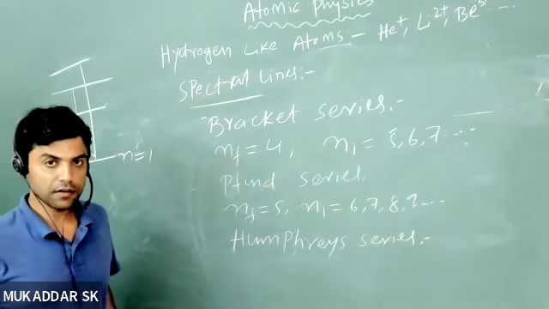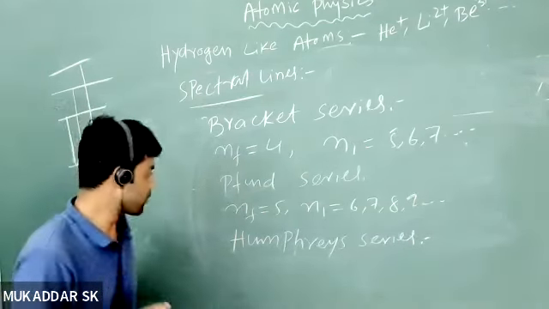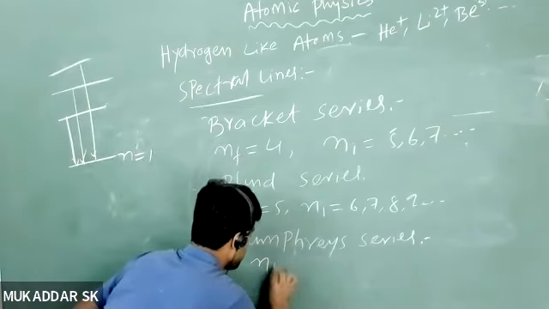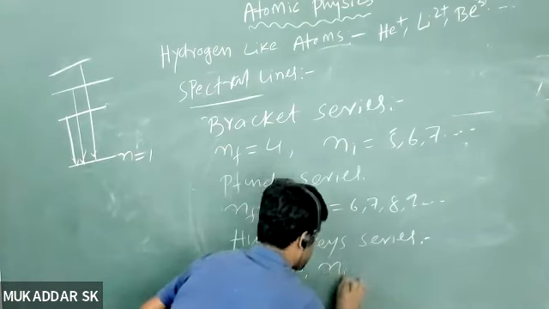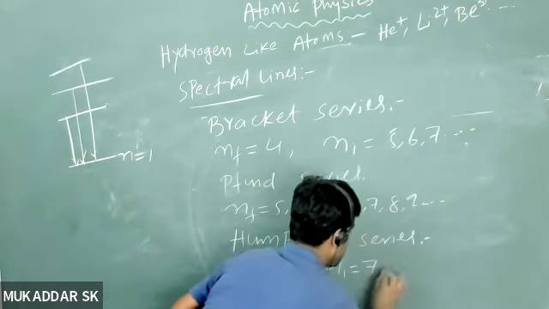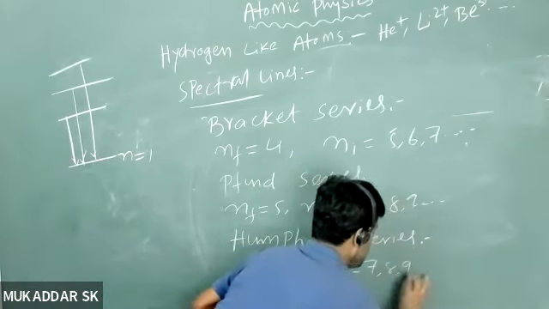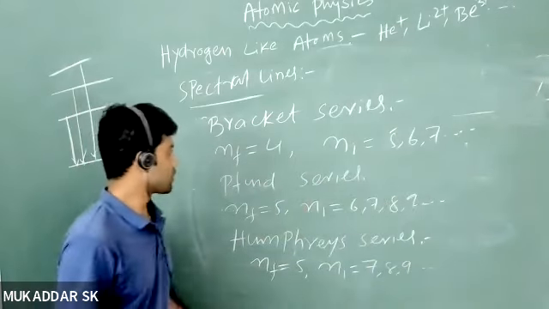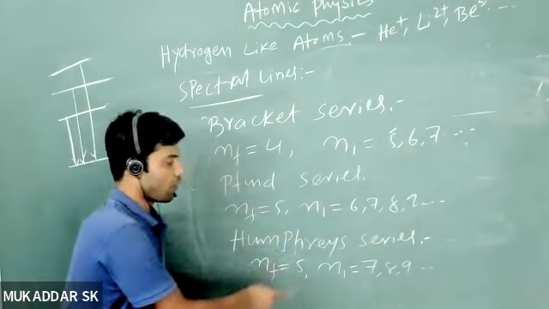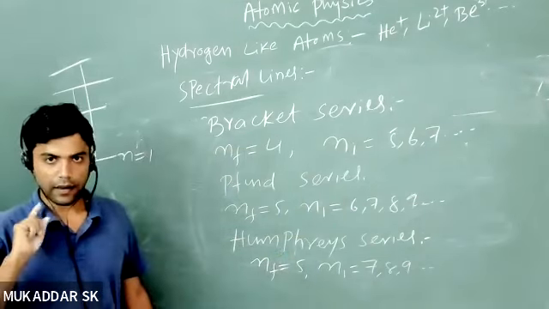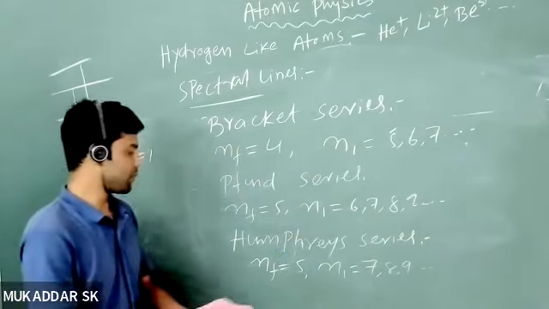NF will be how much? 6. Very good. NF will be 6. And Ni will be how much? 7, 8, 9, and so on. So all these series, Brackett, Pfund, Humphreys, are basically found in IR range. Okay, please keep in mind.